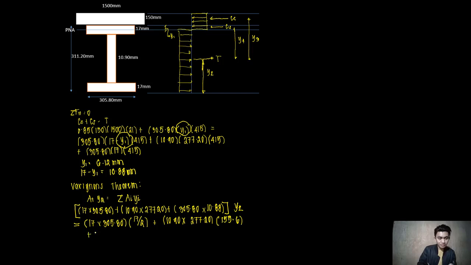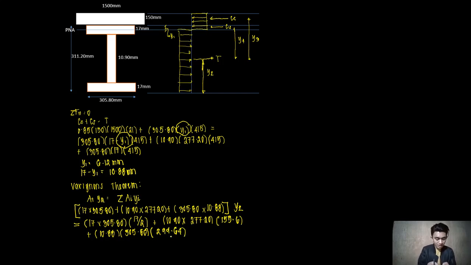And then the topmost part, 10.88 multiplied by 305.80 times its distance, 17 plus 277.20 plus 10.88 divided by 2, which is 299.64.